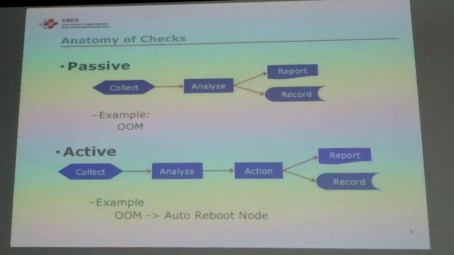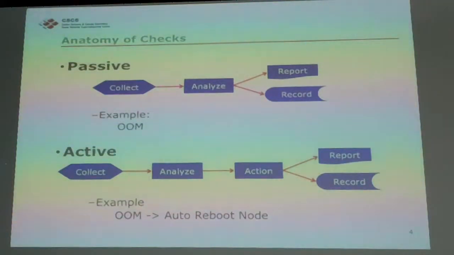But why not take it one step further and take that passive check into an active check, meaning it will take an action automatically for you to correct the problem. In the case of an out of memory condition, pretty much your node is totally messed up and needs to be rebooted. So you can use STONITH or something else and automatically reboot the node, automatically.